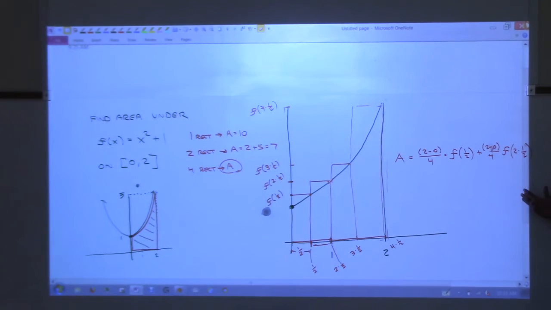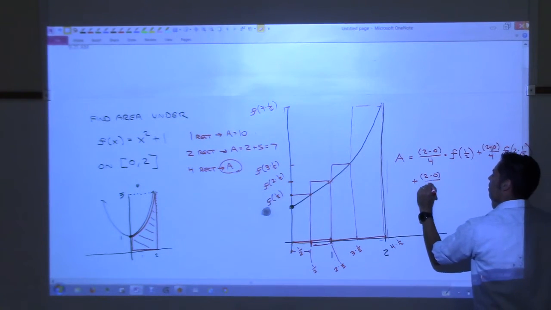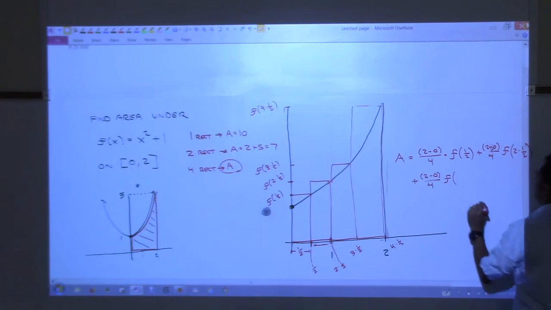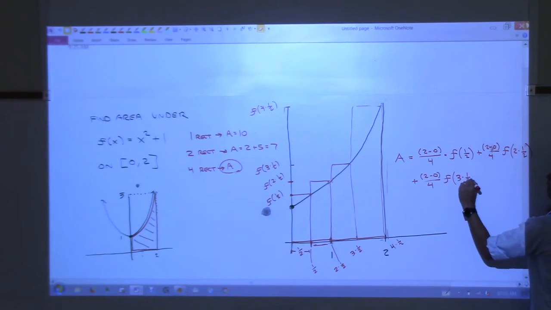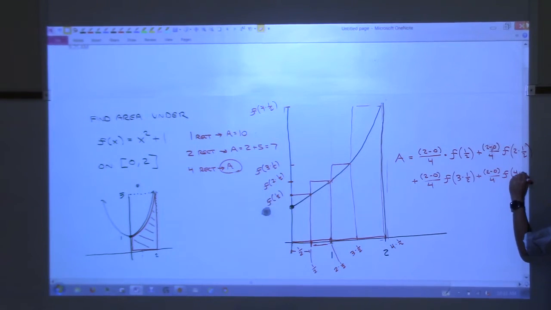Plus the width of the rectangle again, f of, now I'm at the third half, right? Plus the width last time, f of 4 times a half. And if I added all those up, I would get the next good approximation, yeah?